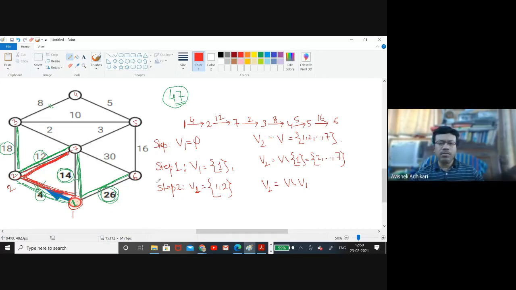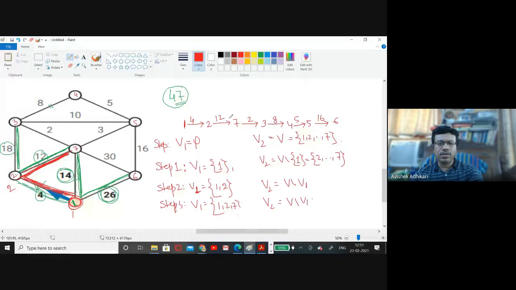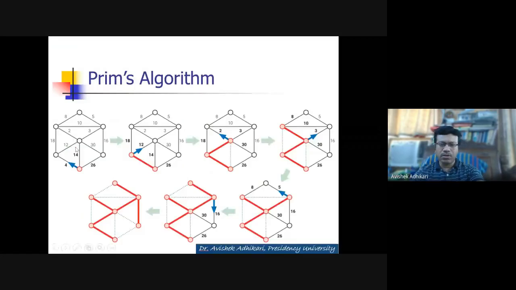Now step 3. In V1 you have now 1, 2 and 7. V2 is your V minus V1. Now from this point, there are 3 vertices where you can go, take the minimum one. At the same time, you should look into this algorithm's formal definition.